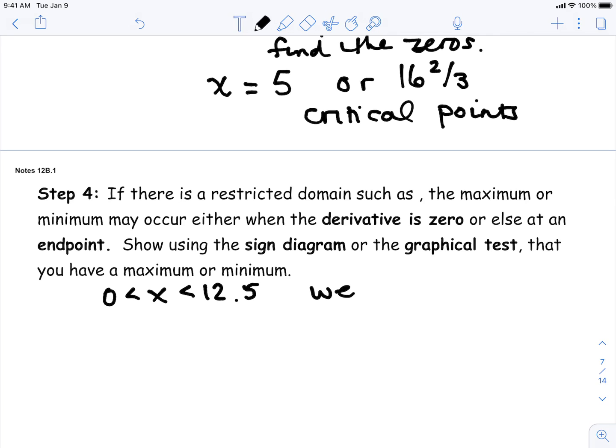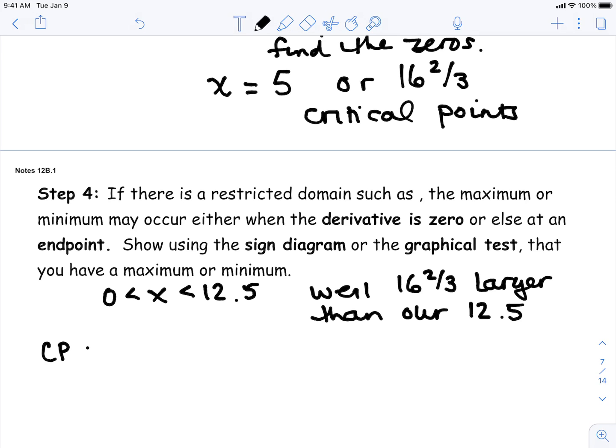Well, 16 and 2/3 is larger than our domain restriction. So we're going to eliminate 16 and 2/3, and we're going to focus on the critical point when x equals 5. So let's create our sign diagram.